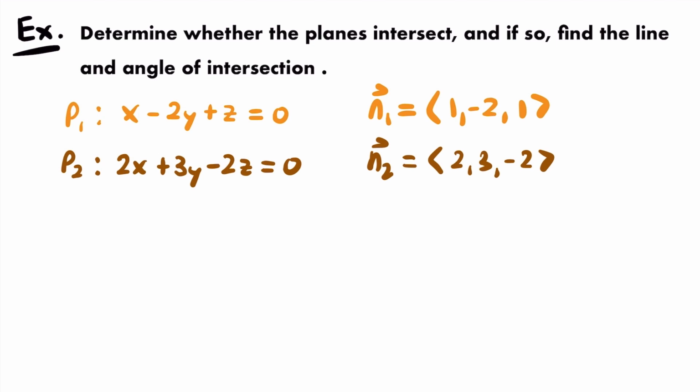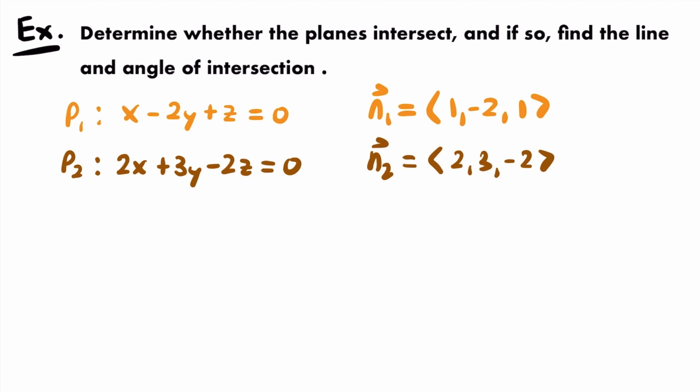Okay, and if you have a hard time determining that, if you're really not sure if these two vectors are scalar multiples or not, don't worry about that step, because in the next step, in order to find the direction vector for the line of intersection, what you're going to be doing is taking the cross product of these two normal vectors, and if you find that the cross product is 0, then you know that those two vectors are parallel.